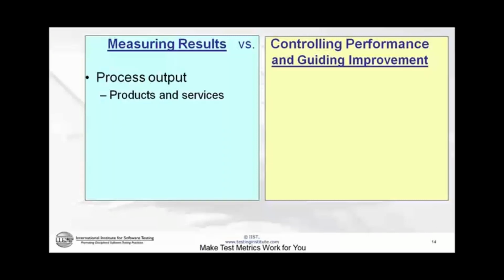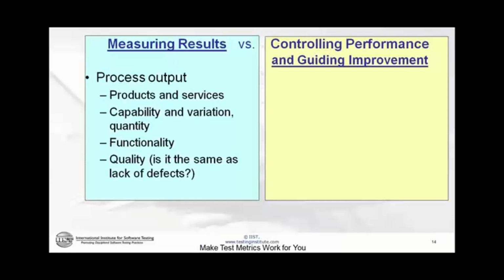So the results or the outputs of our process, the products and services that are produced. We need to identify the capability. How much could we accomplish? What kind of variations are occurring? We need to be measuring the functionality and the various quality aspects.